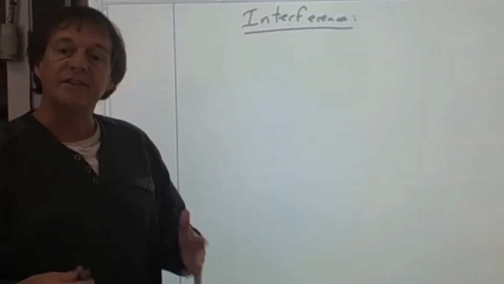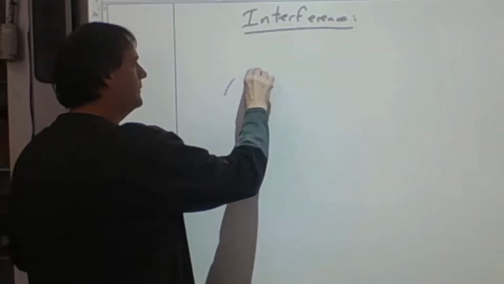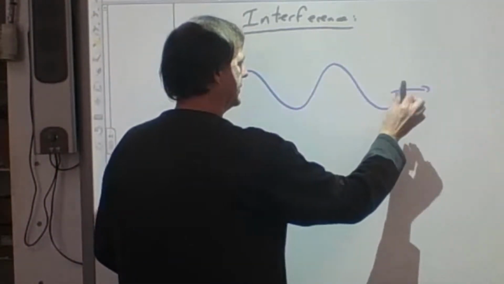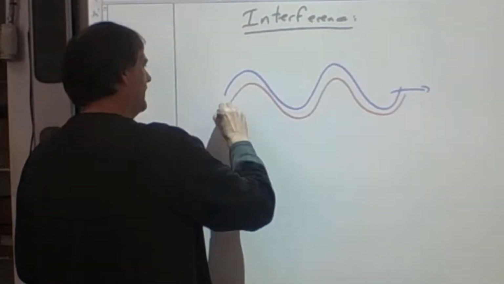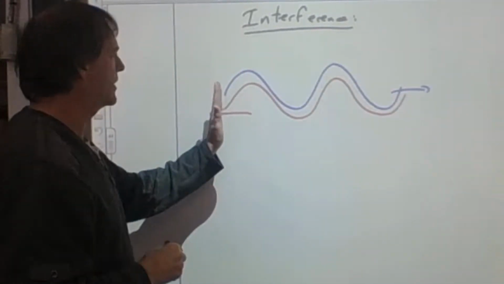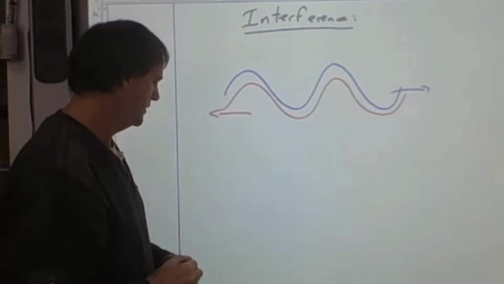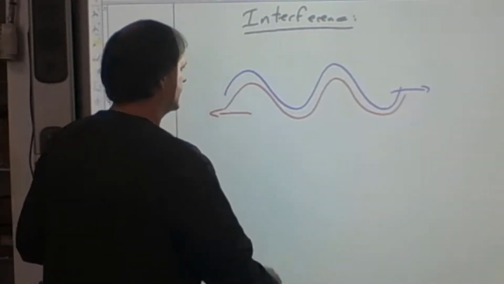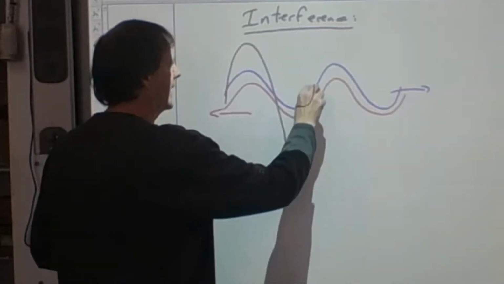So another thing we've looked at is interference, in the last video. So the idea that when one wave passes through another wave of the same type like this, if they happen to be meeting crest to crest, what you're going to get at this particular point is constructive interference, where they add together to form a large wave.